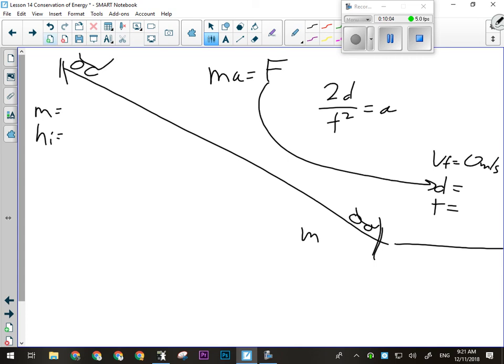Okay, so once we have the amount of work done, we're saying that that's going to equal the kinetic energy that it had at the bottom of the ramp. Once we have that, we can compare it to the potential energy it had at the top.